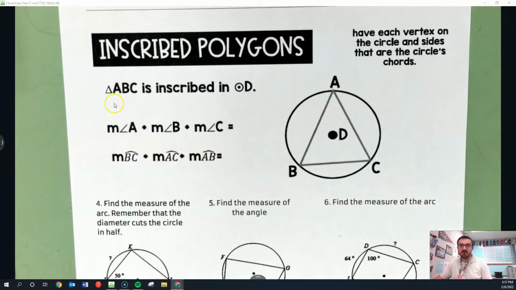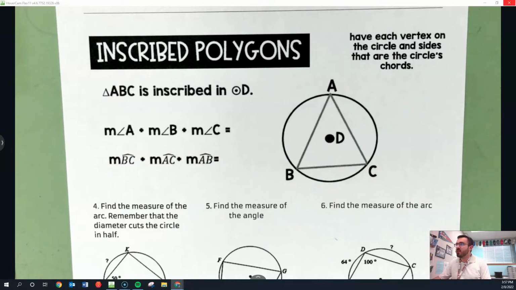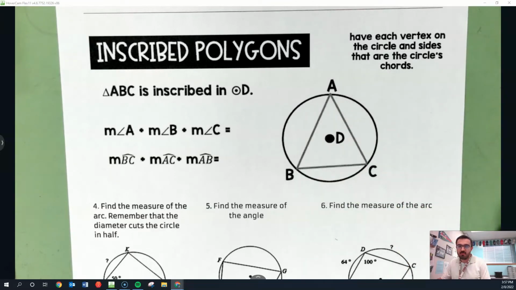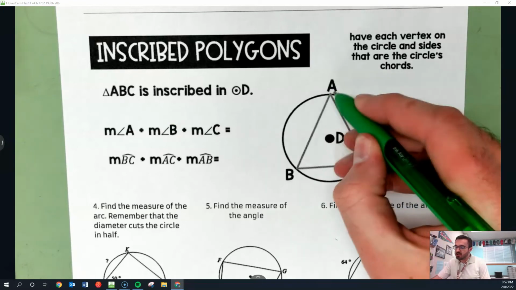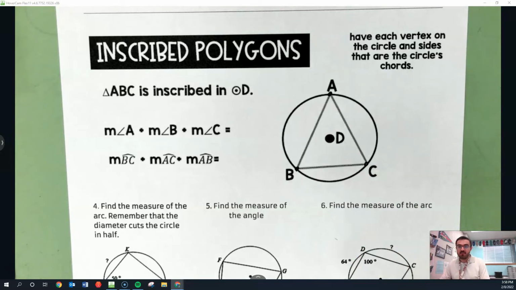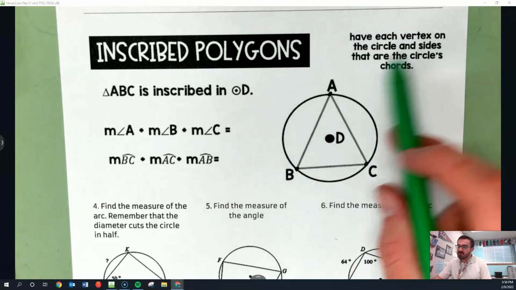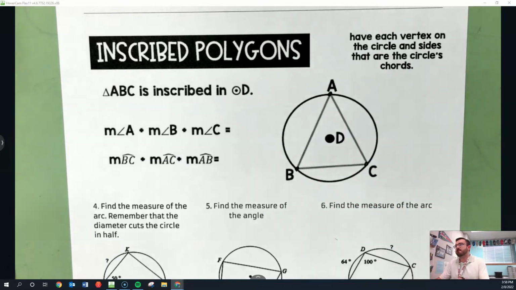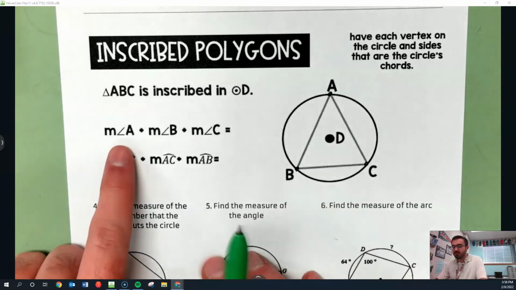Okay. So in this one, we know that ABC is a triangle that is inscribed. There's that word again. Okay, it's inscribed because all of these points are on the circle. Each vertex on the circle inscribes the circle's chords. So in this situation, we have a very simple rule.